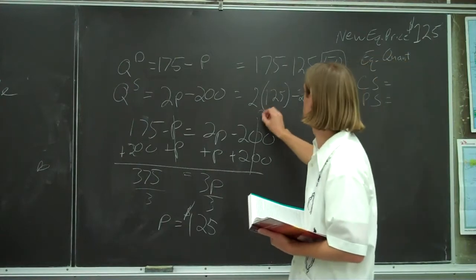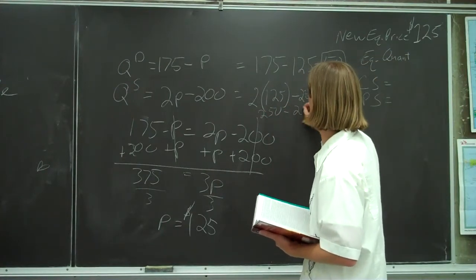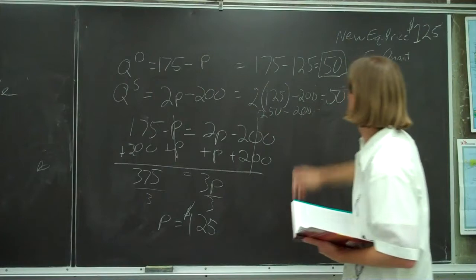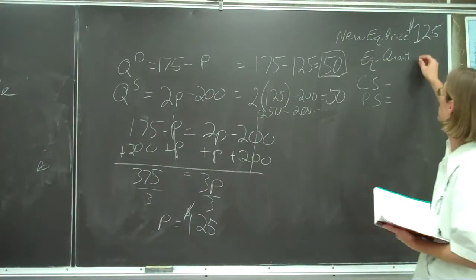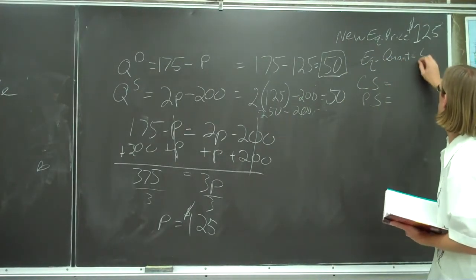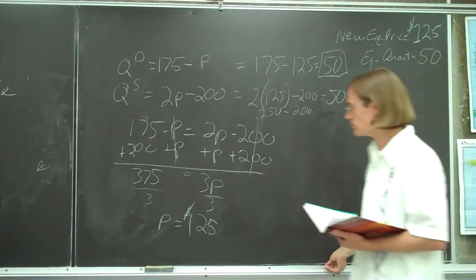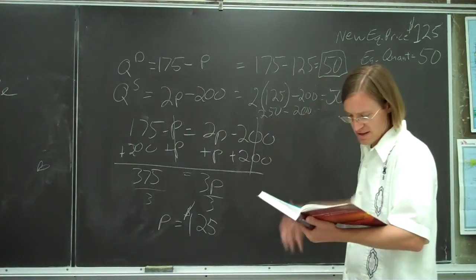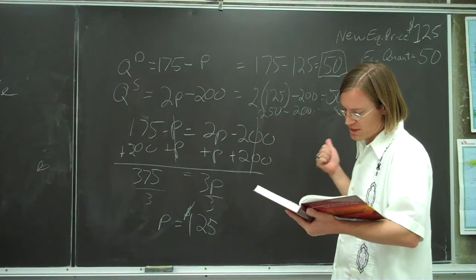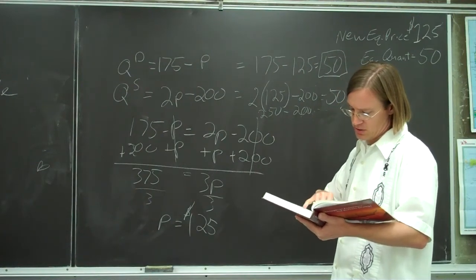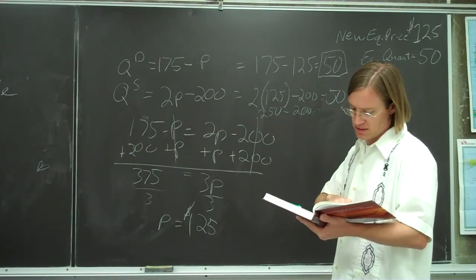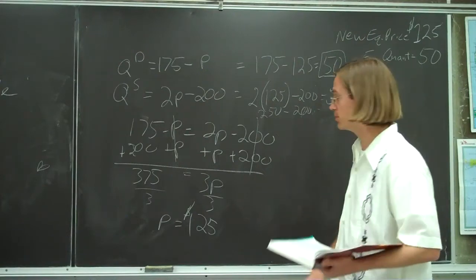Yeah, so this is 250 minus 200. So that's our equilibrium quantity. It's 50 units. So now we can graph this. Once we've got the math out of the way, we can graph this and we can use that to find the consumer surplus and the producer surplus.